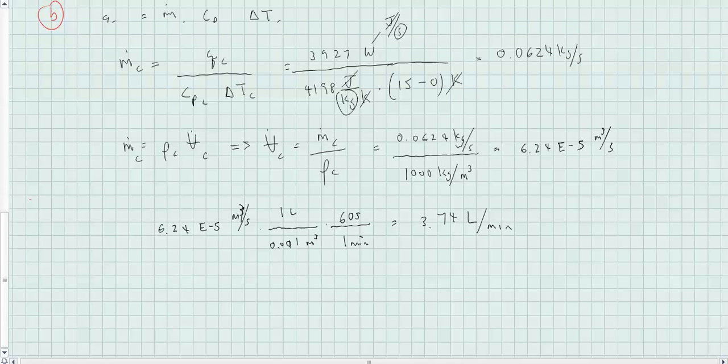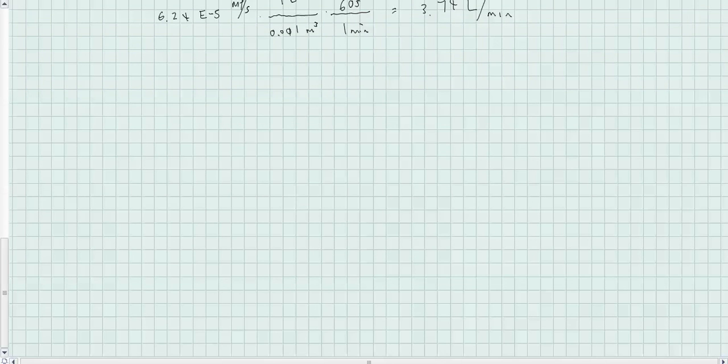Now let's go to the last section. This last section is going to require us to use the epsilon or effectiveness NTU method. In order to use that method, we need to calculate some initial values, most notably the heat capacity rates. So let's do that.